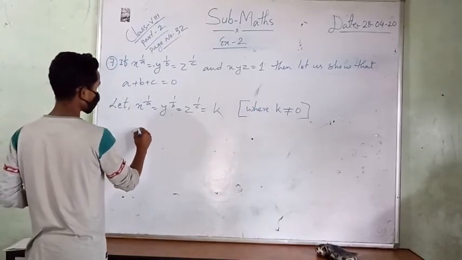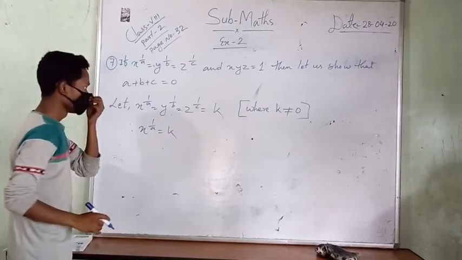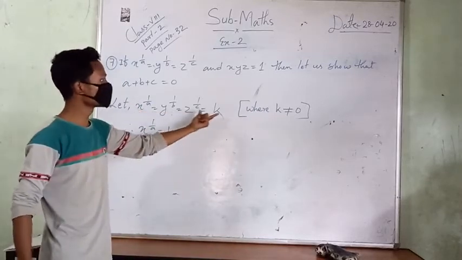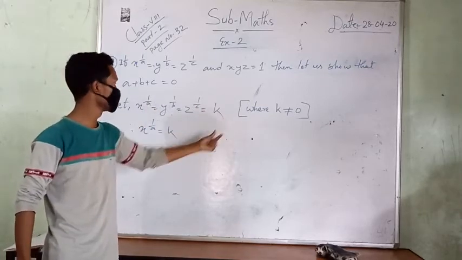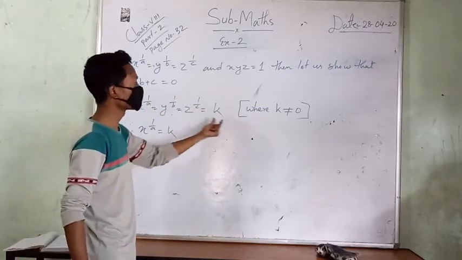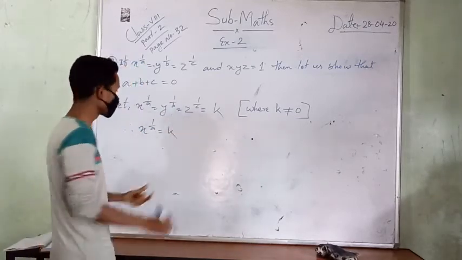So therefore x to the power 1 by a equals k, y to the power 1 by b equals k, and z to the power 1 by c equals k. That is, all are equal.